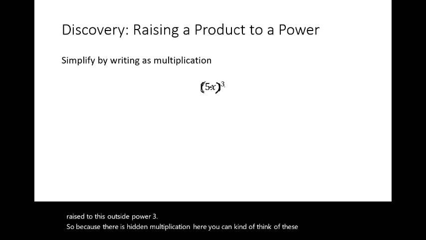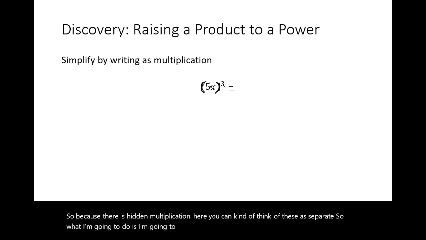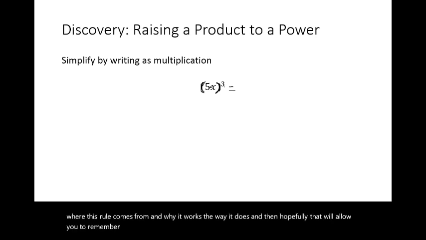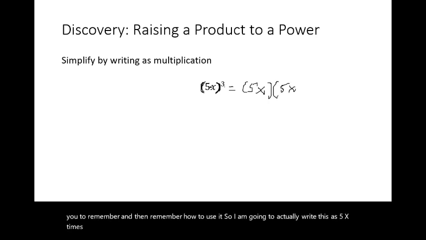So I'm going to write this as repeated multiplication. I'm going to show you where this rule comes from and why it works the way it does, and hopefully that will allow you to remember it and how to use it. So I am going to write this as 5x times itself 3 times.